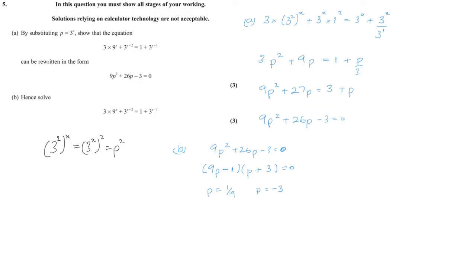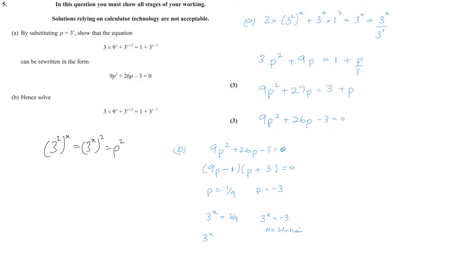And then swapping p back for the 3 to the power x here. 3 to the power x equals 1/9. 3 to the power x equals minus 3. So this is no solution, because 3 to the power anything is not going to turn it into a negative.